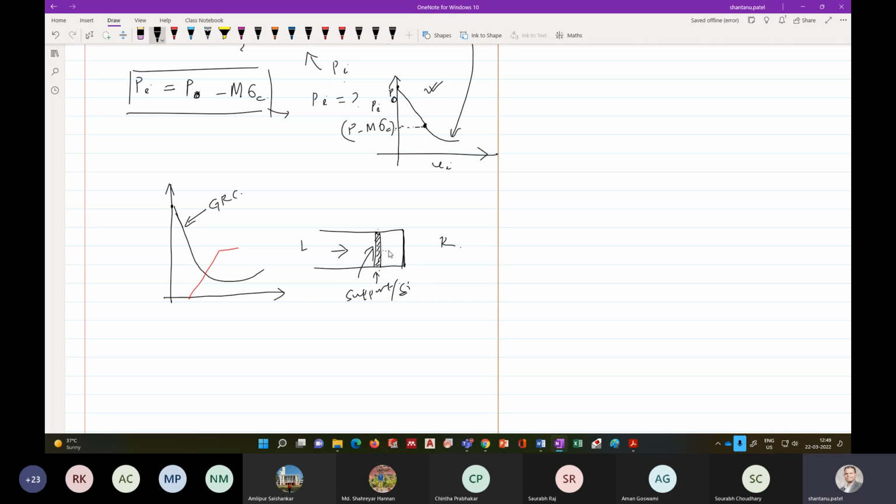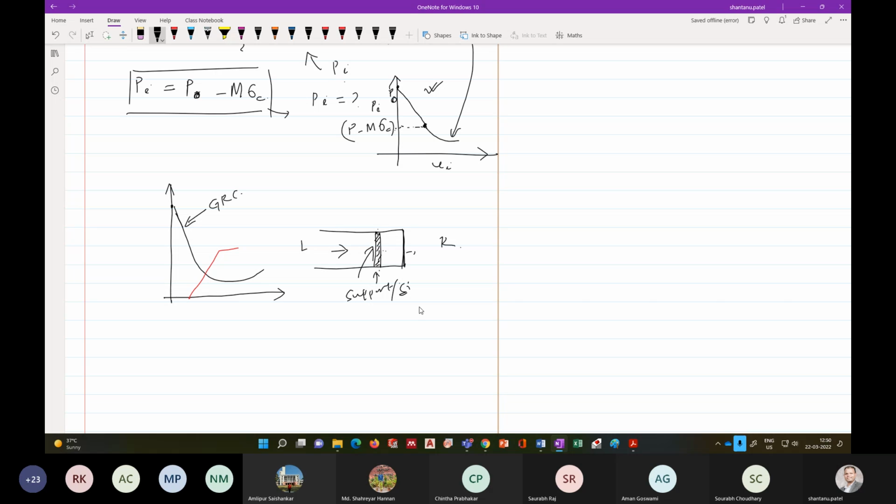Will some load be transferred to it if we don't proceed with the excavation? Will any load come to this support?